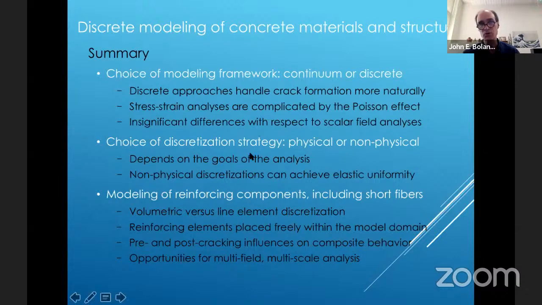It depends on the goals of the analysis. When we model reinforcing components, including short fibers, we have a choice between modeling the full volume of the fiber, or modeling the fiber as a line element. And there are advantages and disadvantages to each. The volumetric approach is expensive, but more accurate.